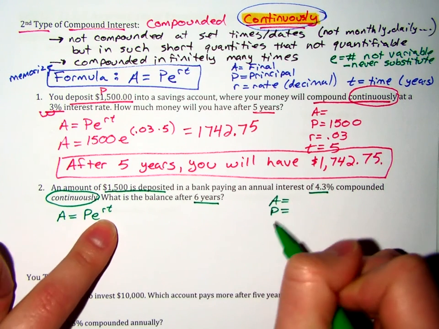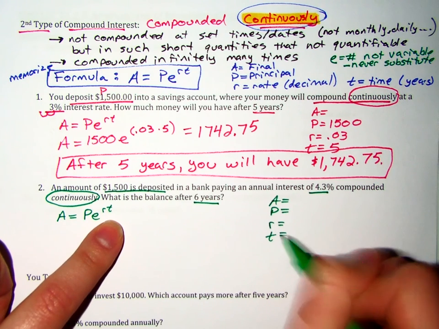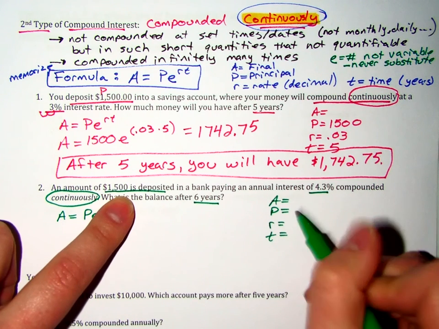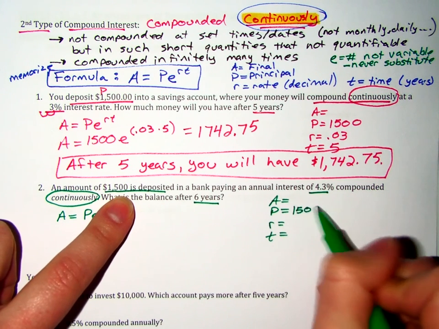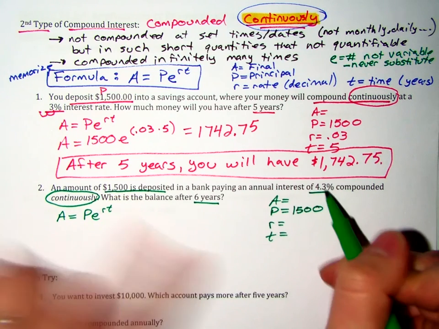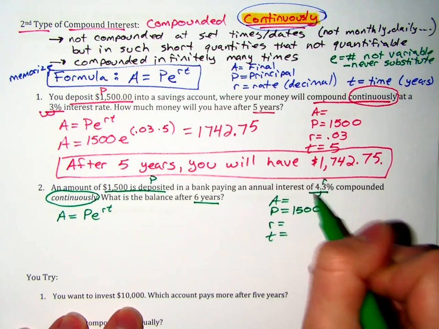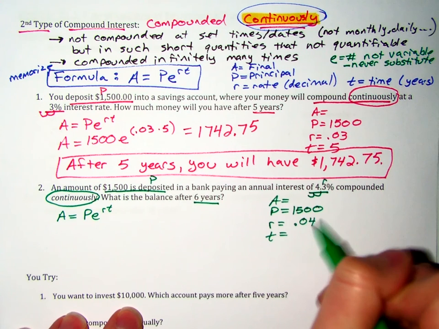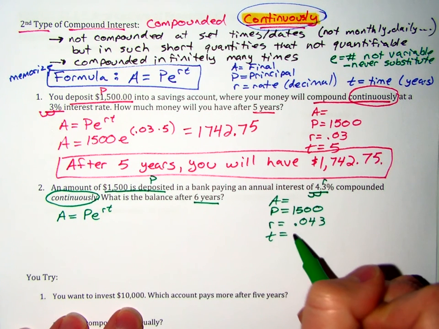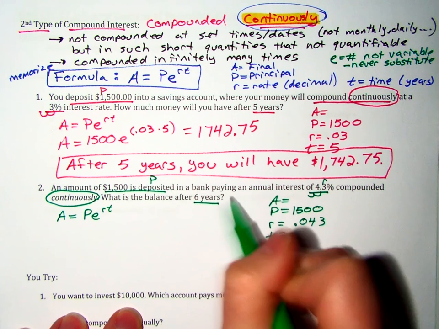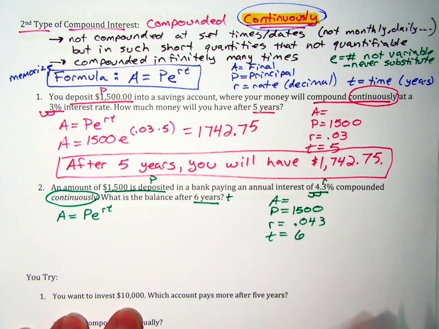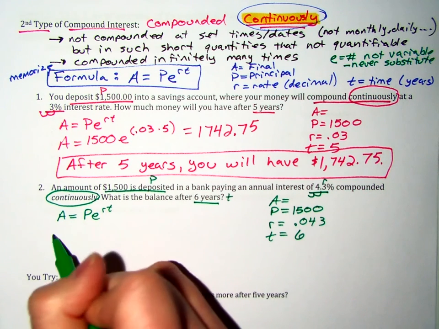My e is a number, so I don't need that. What's my R? What's my T? Well, a deposit is an initial amount, so that's $1,500 for P. 4.3% is a rate, but we have to move the decimal twice, so it's 0.043. T is in years in this case, it's already there, so it's 6 years, so we can go ahead and plug that in.